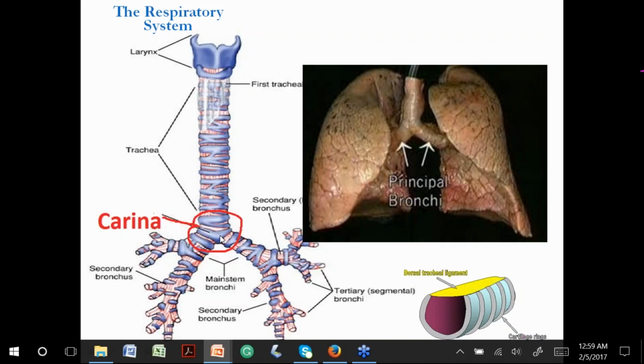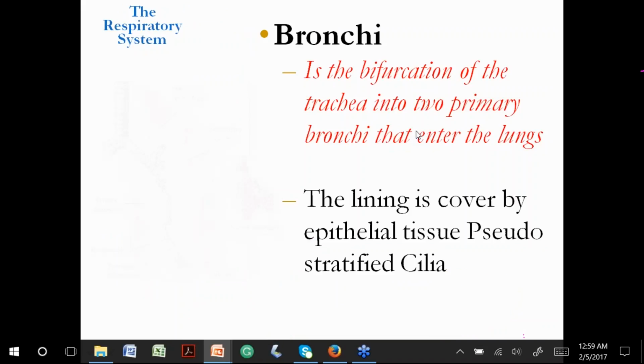If you see here, the right primary bronchus is more vertical, shorter and wider. Meantime, the left one is longer, thinner, and more oblique. Remember this point, the bifurcation of the trachea is called the carina.